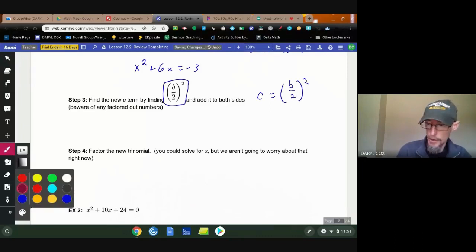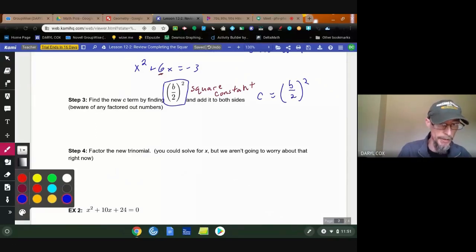This is also known as the square constant. Because what we're doing is we're finding that constant and squaring it so we get a perfect square at the end of it. So my B term is the 6.